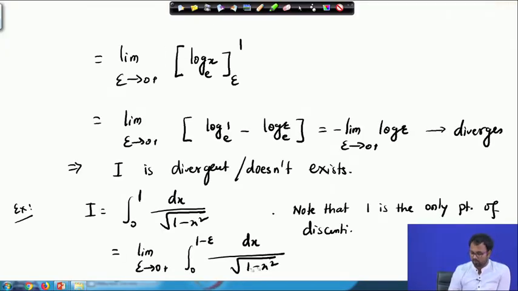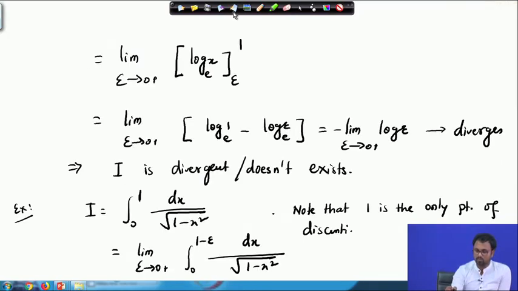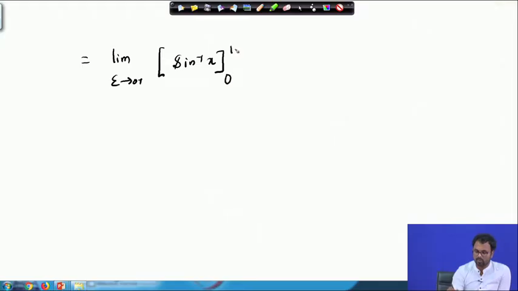So here we have a square root of 1 minus x square. So this will be basically sine inverse x. So sine inverse x, integral from 0 to 1 minus epsilon, and then we substitute the limits. So this will be sine inverse 1 minus epsilon minus sine inverse 0.